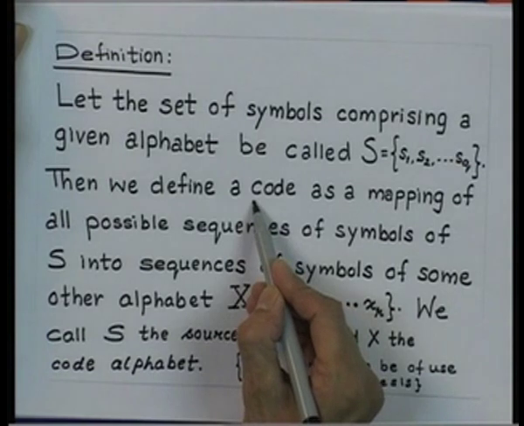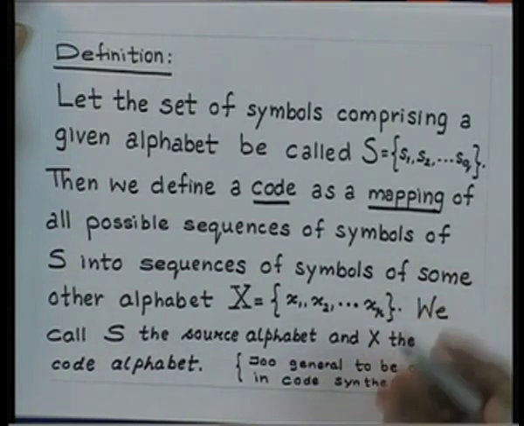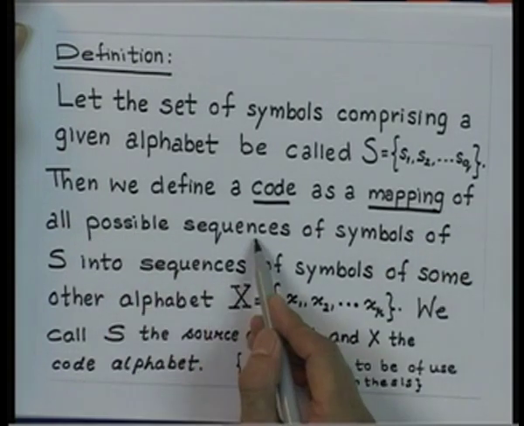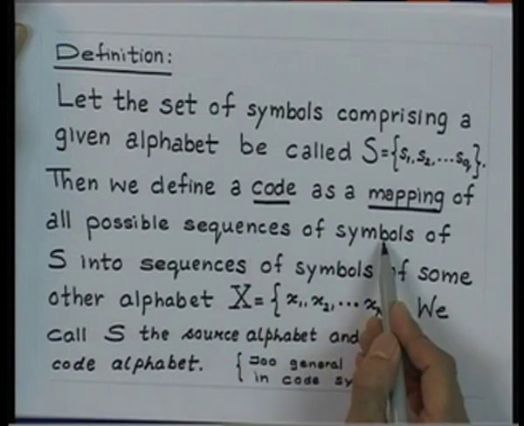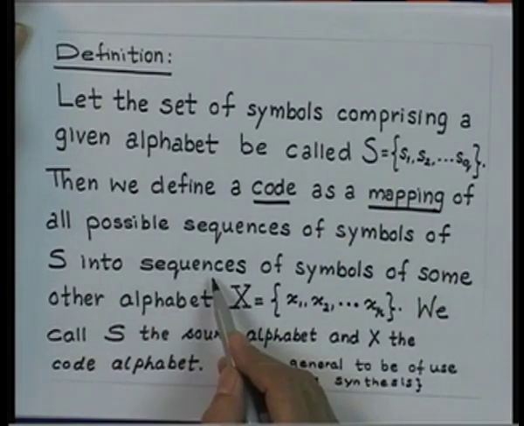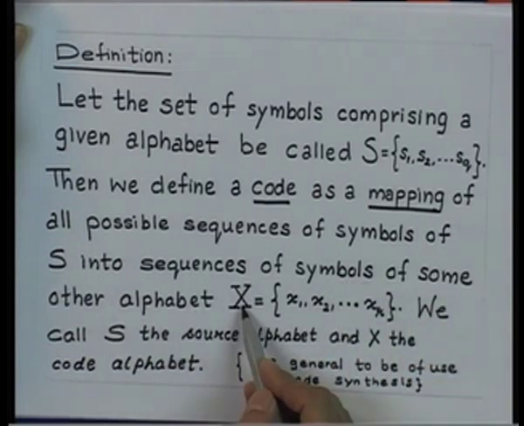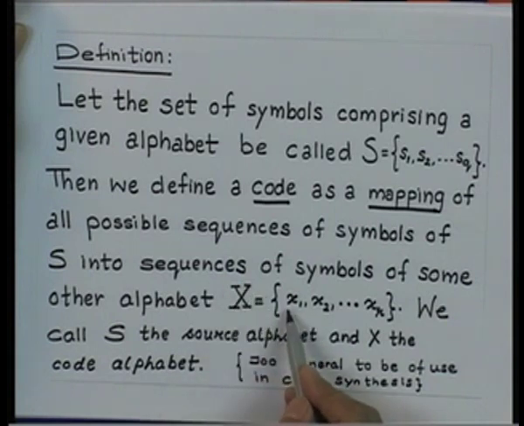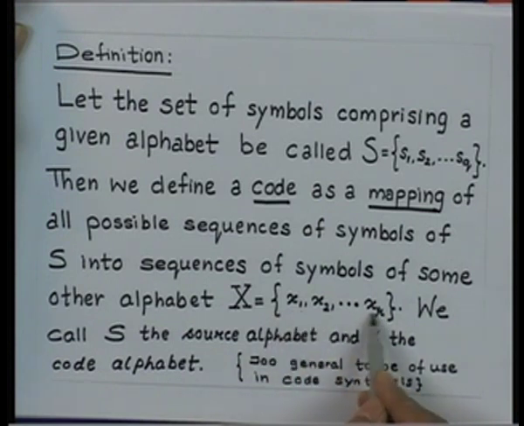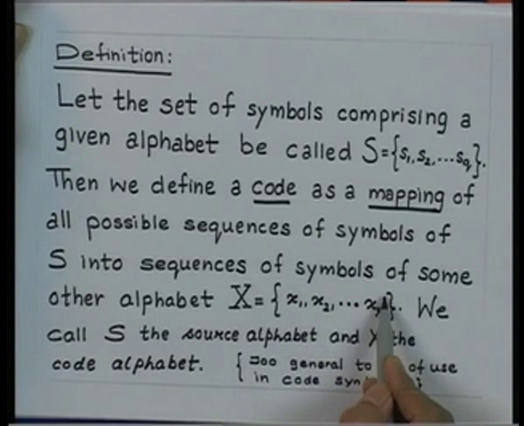Then we define a code as a mapping or transformation or representation of all possible sequences of symbols of the source alphabet S into sequences of symbols of some other alphabet X. This alphabet X consists of R symbols or R letters, and these symbols or letters of the alphabet X are known as code letters or code symbols.